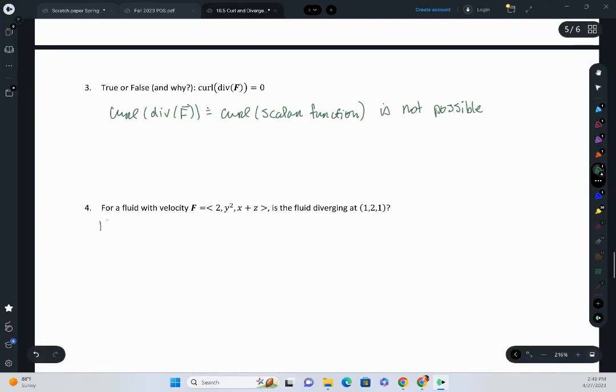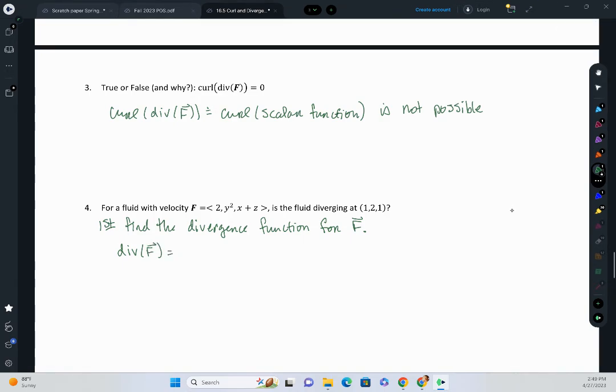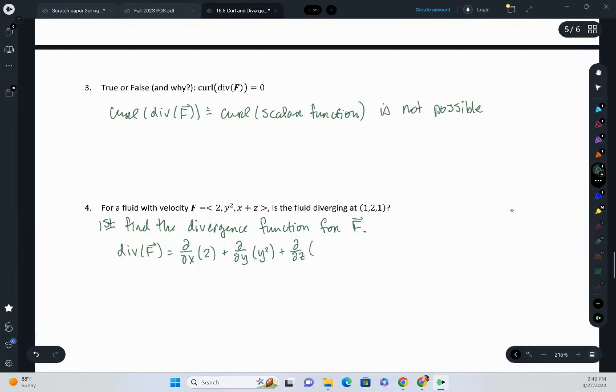Okay, so first, we're going to find the divergence function for big F. So that means we need to calculate divergence of F, which means we're looking at del x of the first component, which is 2, plus del y of the second component, which is y squared, plus del z of x plus z, the third component.